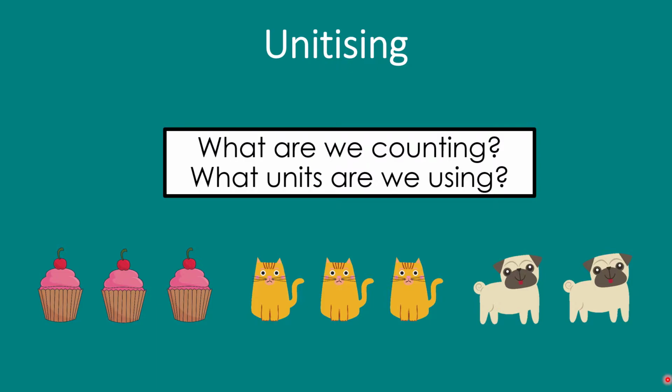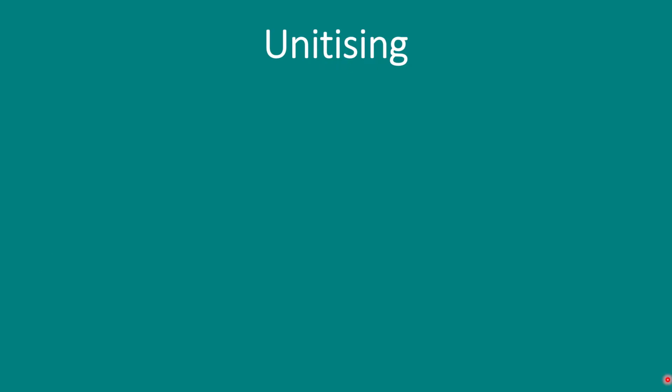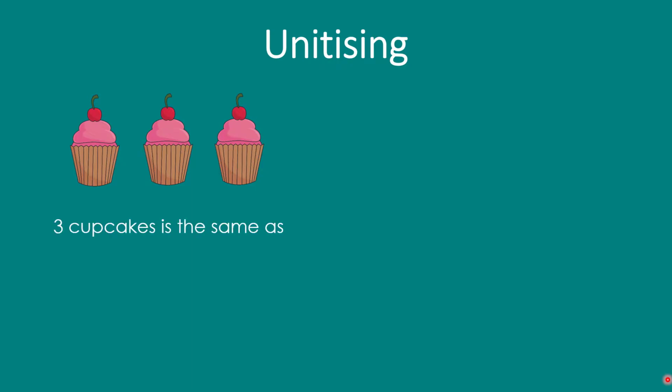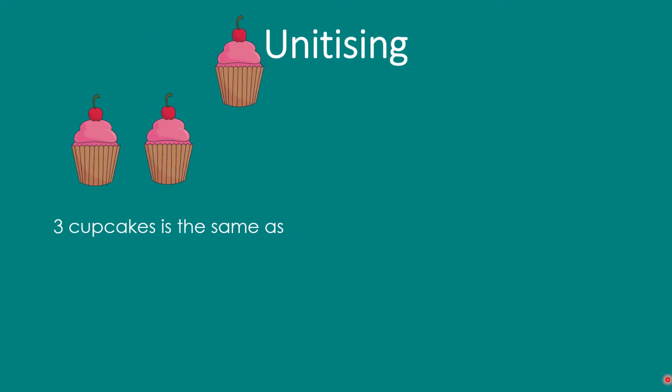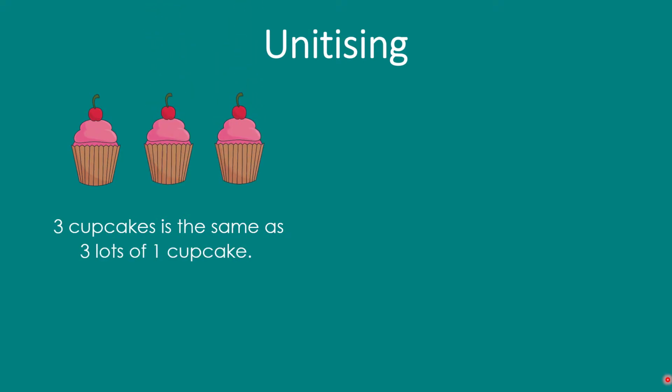This is where you're thinking really carefully about what you're counting, what units you're using. So the units are what you're counting. Let's look at a few examples. What can you see? 3 cupcakes. Now, 3 cupcakes is the same as 3 lots of 1 cupcake.